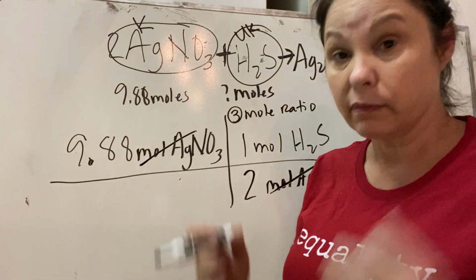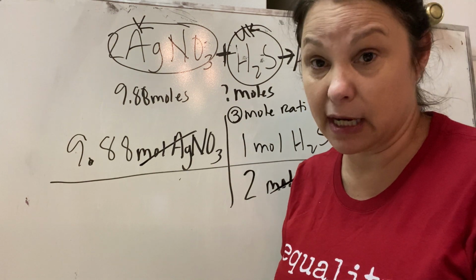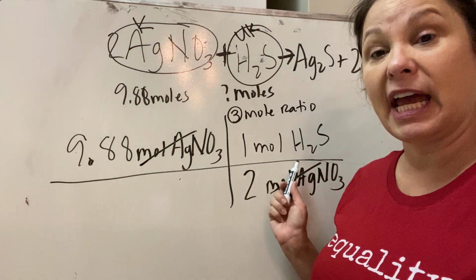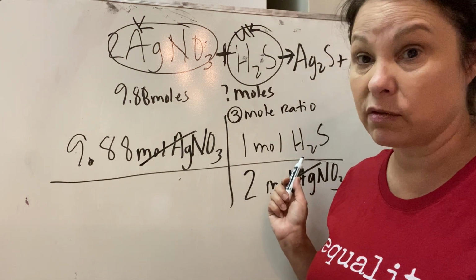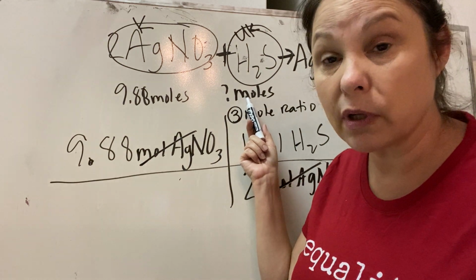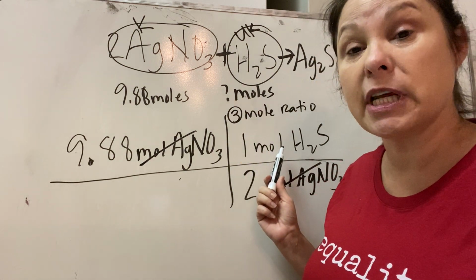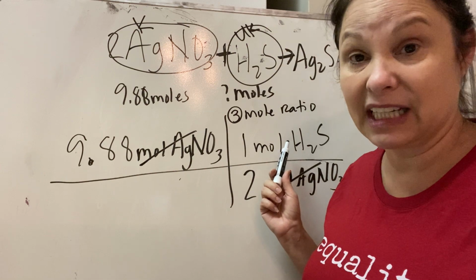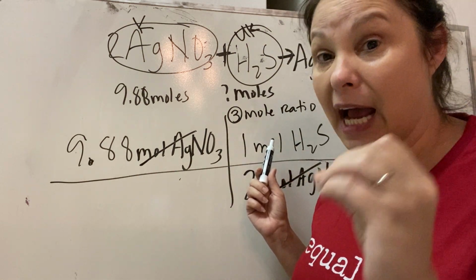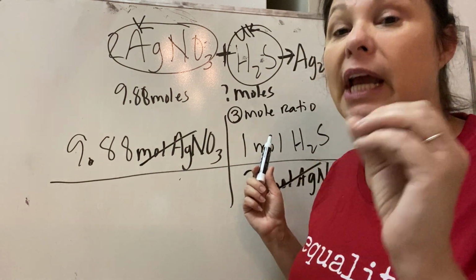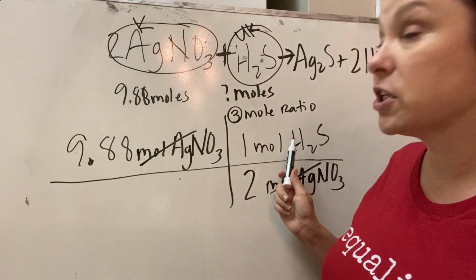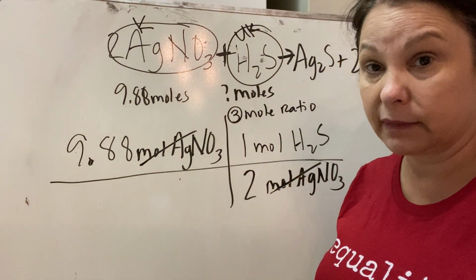Okay. Well, there's a possibility of a step 4, if we need to convert the units of the H2S to something else. When I look back at my problem, it said, how many moles? So I do not need to do step 4 to convert that to anything else. As long as the problem says how many moles, calculate the moles in a stoichiometry problem, then you're going to stop right here and not do step 4, okay?